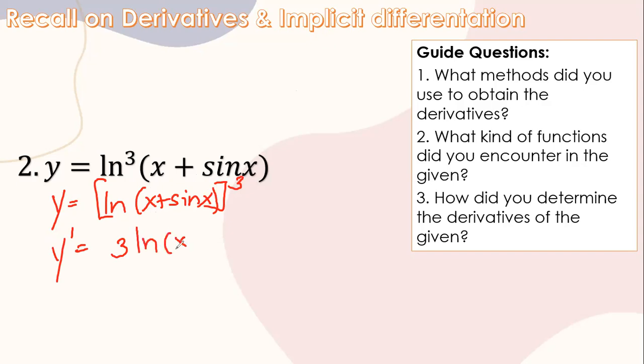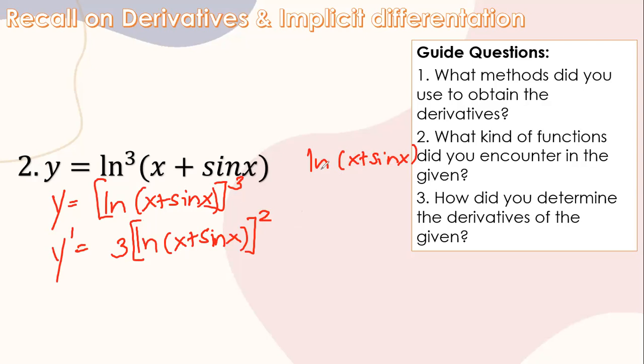So ln of x plus sine x, tapos naka-raise sa 2, kasi na-minusan na ng isa yung exponent. Okay? So, hindi pa tayo tapos. Power rule, yung nasa loob ng naka-raise, which is the ln of x plus sine x. So, meron pa yang derivative. So, ide-derive pa natin yan.